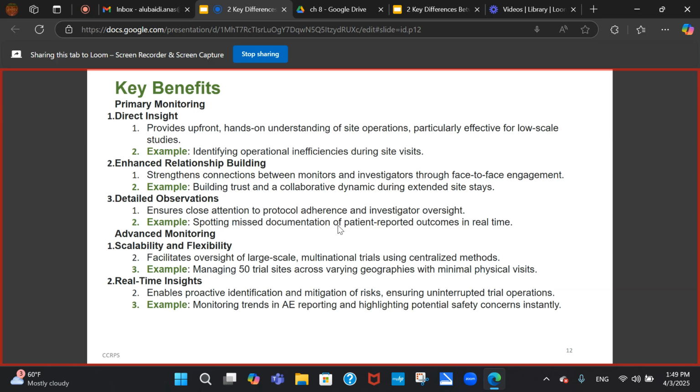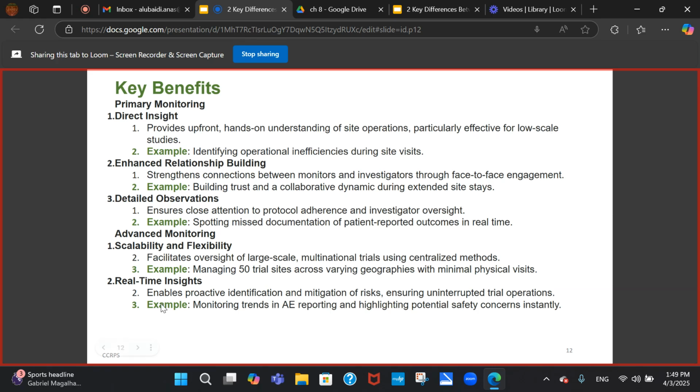Now, on the other hand, advanced monitoring, the key benefits for it, despite the order: scalability and flexibility, and also the real-time insights. So scalability and flexibility facilitates oversight of larger scale. Remember, in the primary monitoring, direct insight is effective for low scale studies.